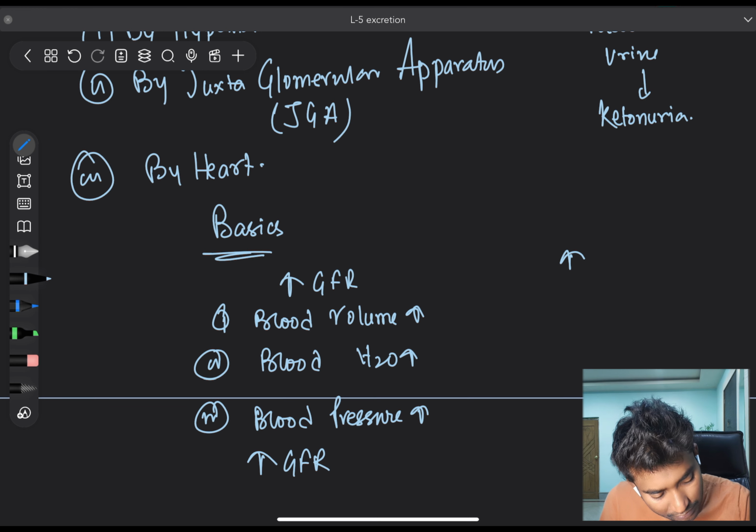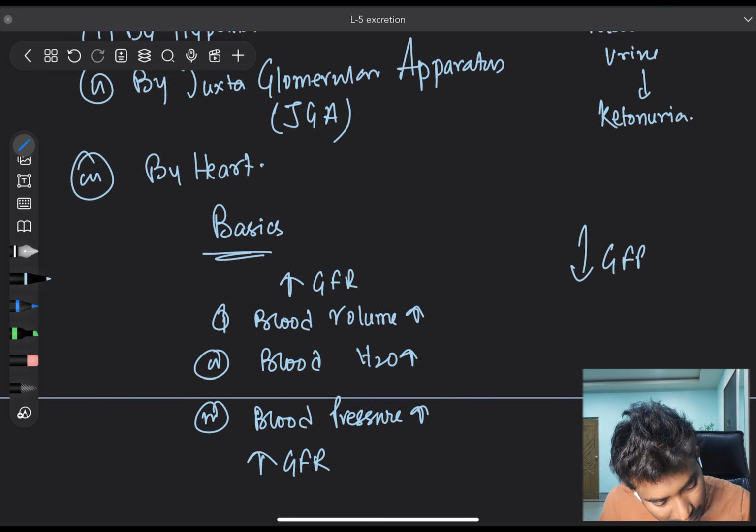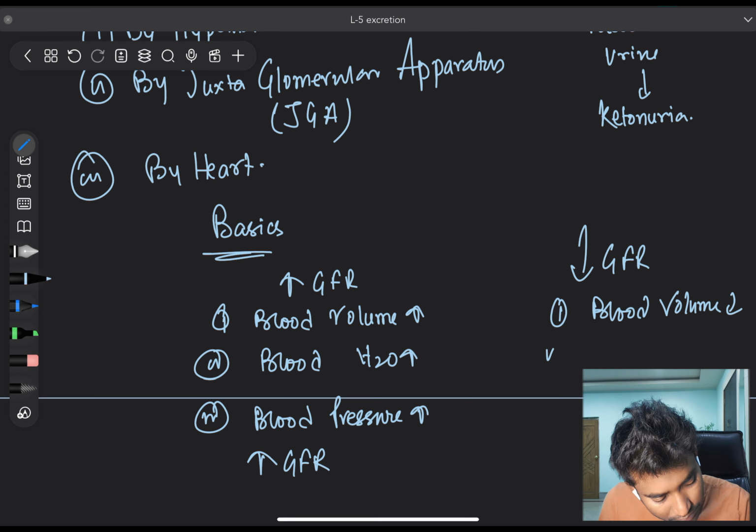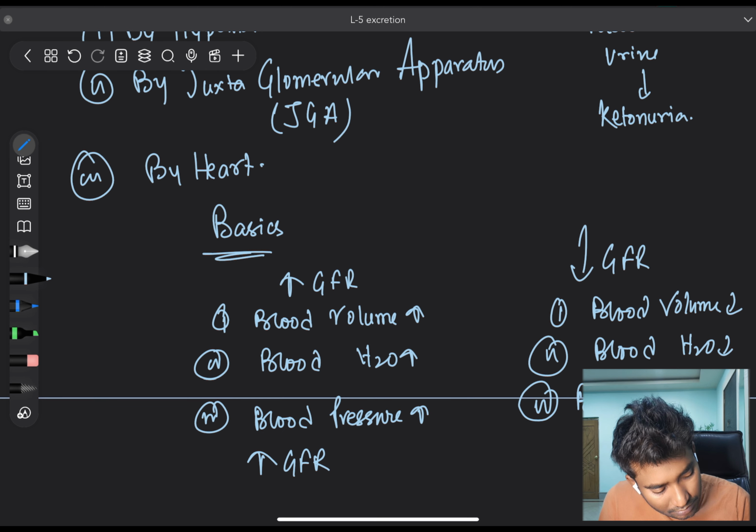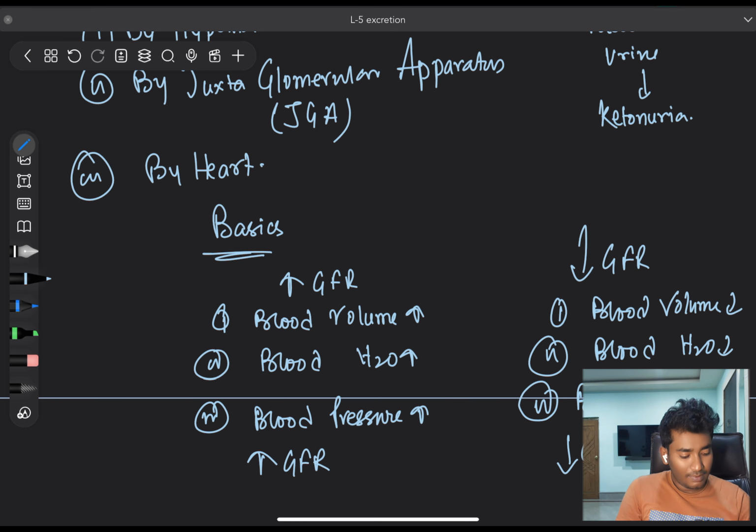And if GFR decreases, blood volume decreases, blood H2O decreases, third, blood pressure decreases, ultimately leading to low GFR. Okay.